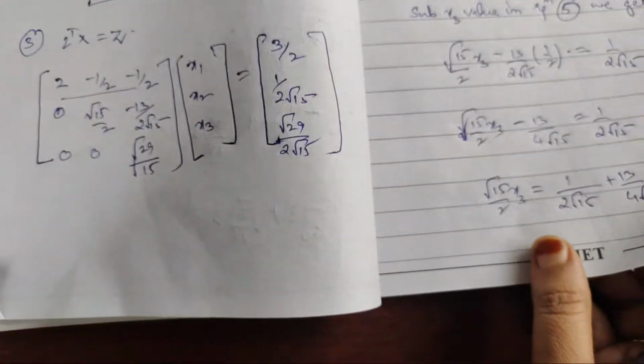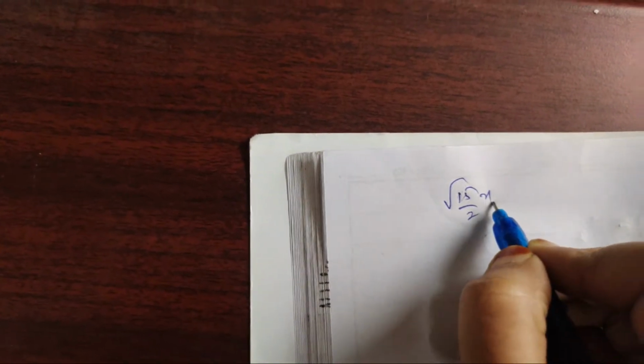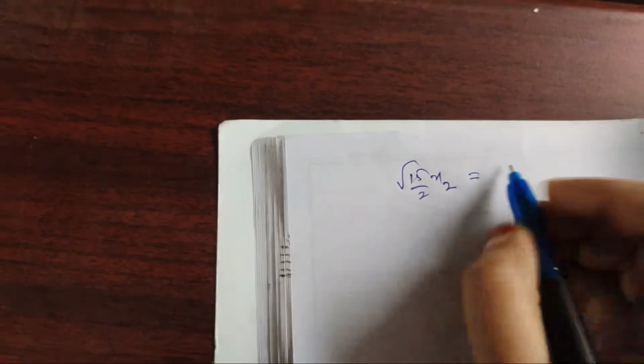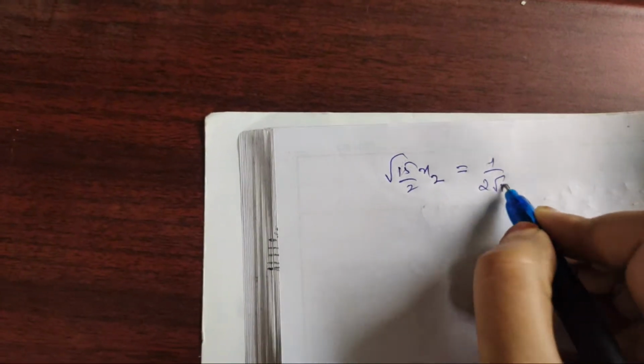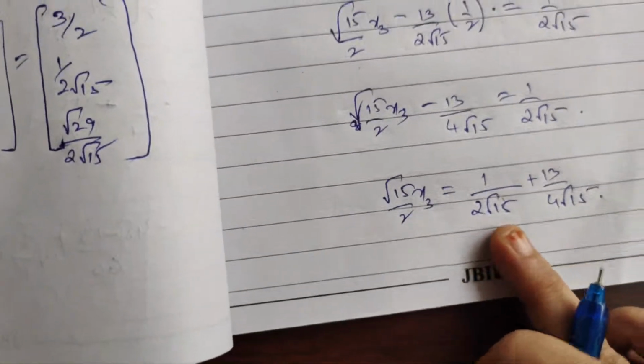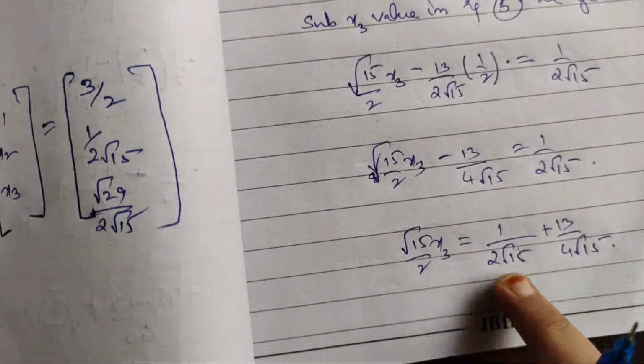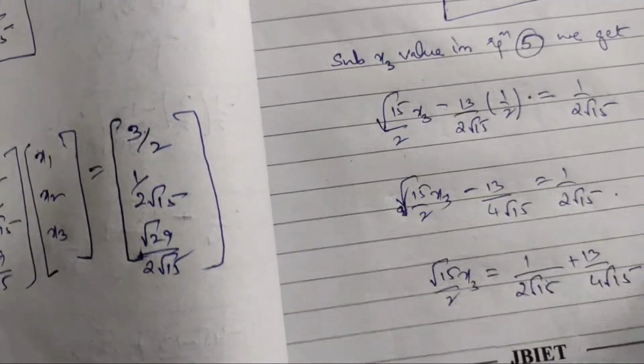So that equation is equal to root 15 by 2 x2, which is equal to 1 by 2 root 15 times (1 plus 13 by 2). We are taking 1 by 2 root 15 as common. Now simplify that.